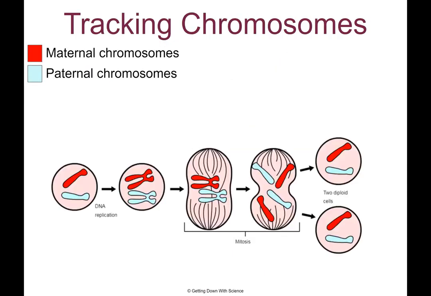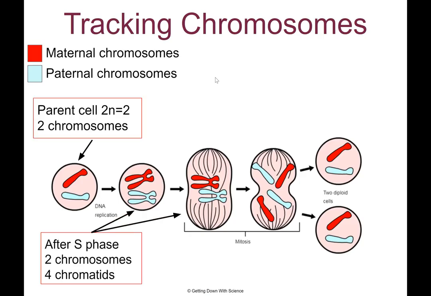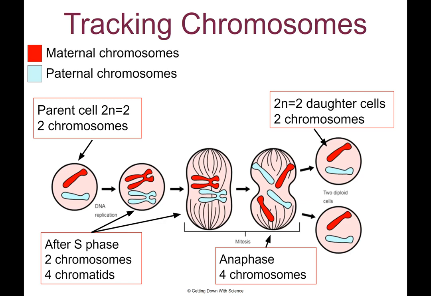So we can actually track the chromosomes as we go through this process. So we started, we have mom's chromosomes, dad's chromosomes, and we synthesize, we make 2 copies, right? And notice, what we want you to notice is at the end, we still have identical to that original cell in terms of the chromosomes.